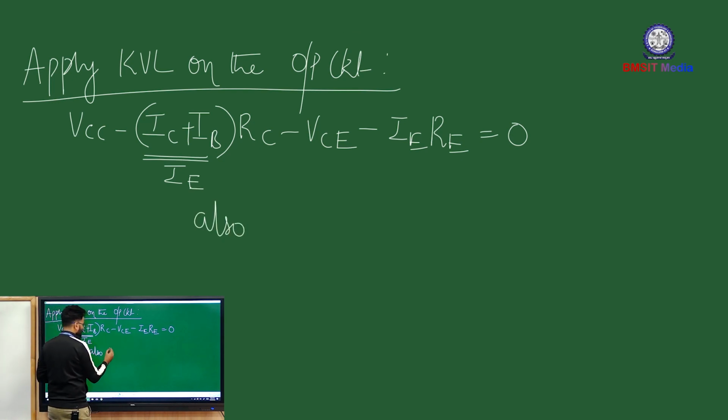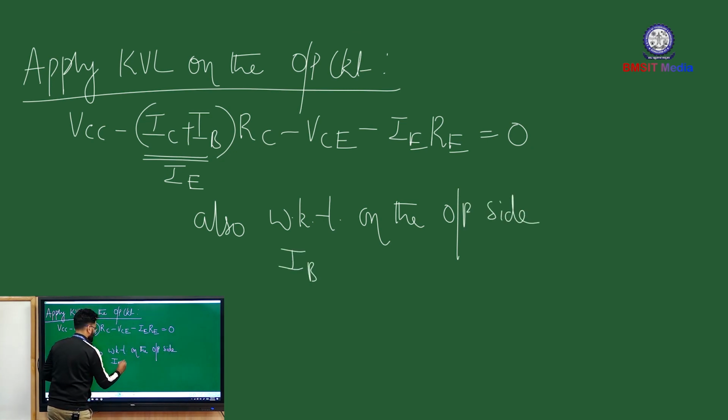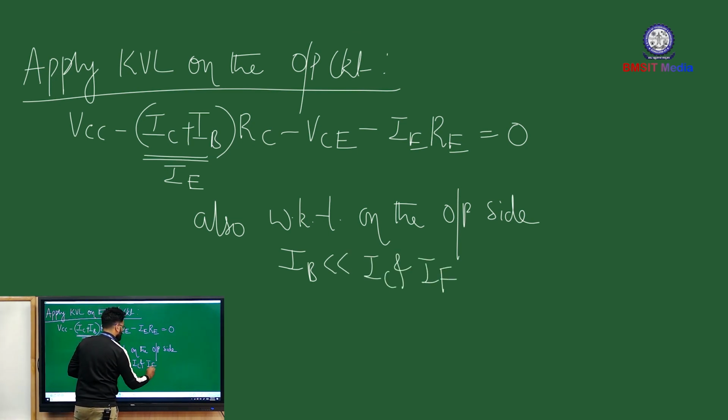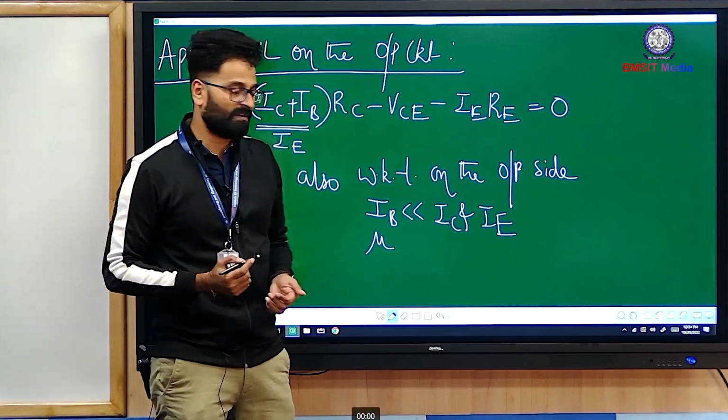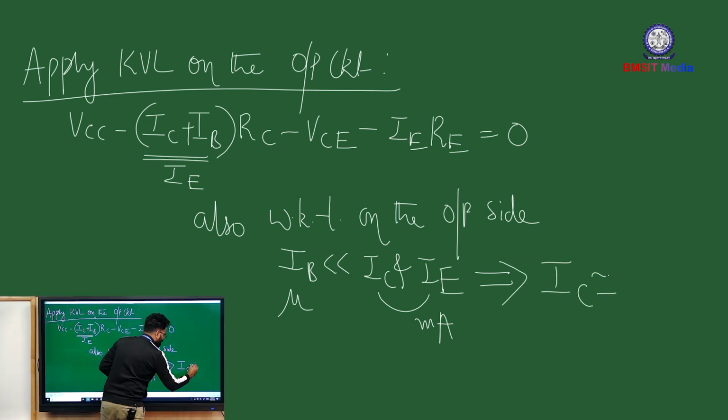Also, we know that on the output side, this base current is negligibly small in comparison with IC and IE. Okay, that's because the base current range normally lies in micros of amperes. On the other hand, collector and emitter current lies in the range of milliamperes. So taking that into consideration, what you can say is that your collector current is approximately equal to emitter current.